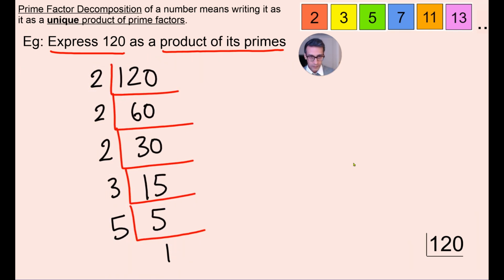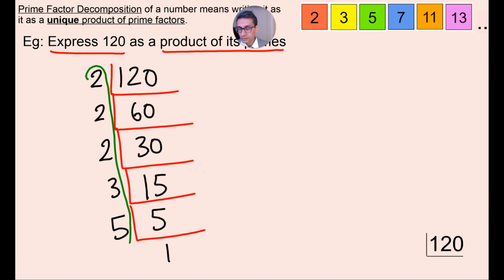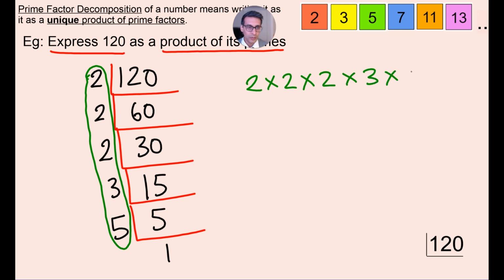So what you've done here is you've represented 120 as a multiplication of all of these numbers here. So 2 times 2 times 2 times 3 times 5 will give us 120.